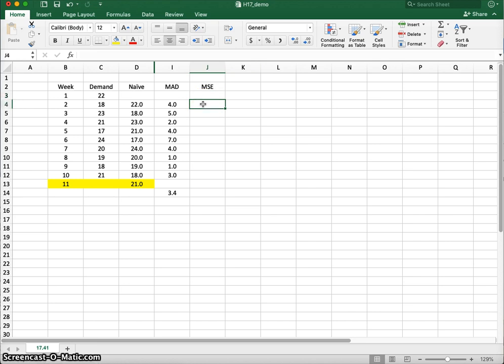So instead of taking the absolute number, I take what actually happened, let me put parentheses around here, minus what we forecast would happen, squared, because any number squared is a positive number. Okay, and then I can take that number and then this would equal the average.